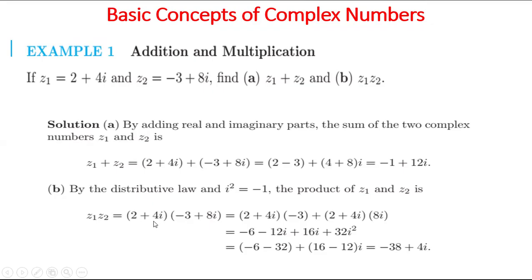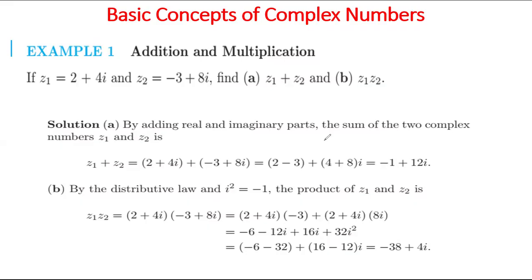We have to multiply both complex numbers with each other, and see what result we get. So first we take the complex number z1, 2 plus 4 iota, multiplied with -3, plus 2 plus 4 iota multiplied with 8 iota. So both complex numbers are multiplied with each other, and it looks like this in this step.